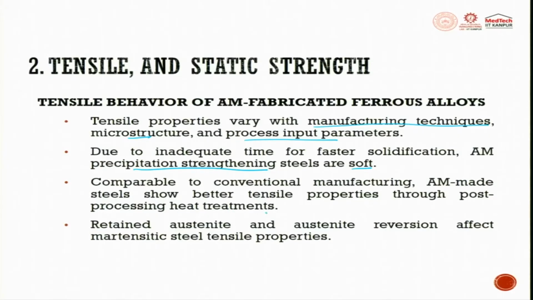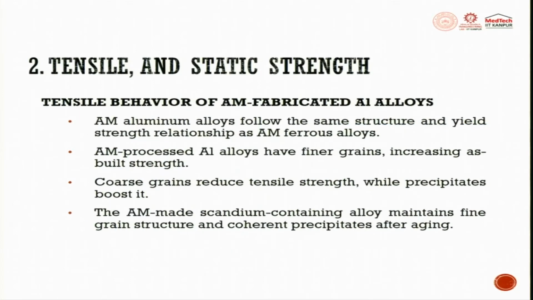By doing a heat treatment, you are able to get better performance as compared to conventional machines. Retained austenite and austenitic reversion affect the martensitic steel tensile properties. So, you can play with the different phases which come in the iron carbide diagram.